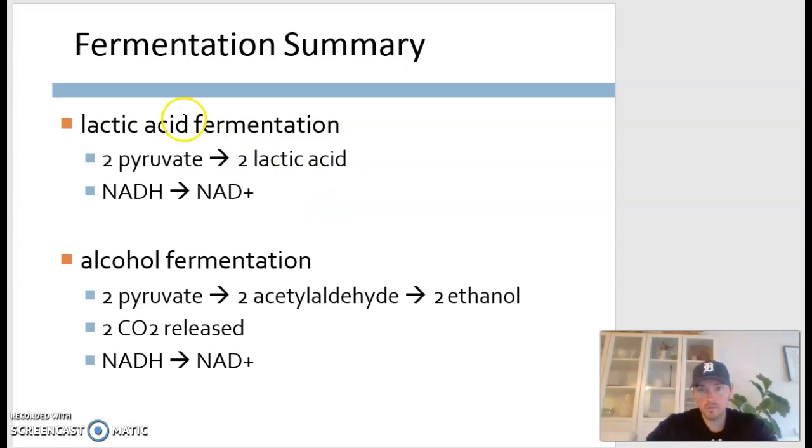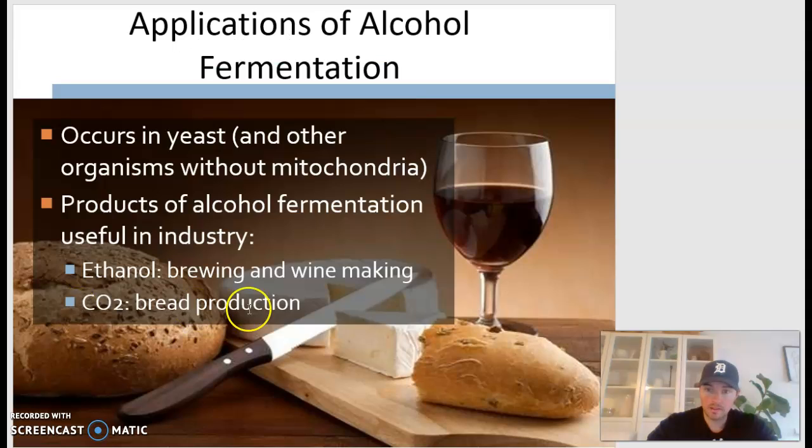So lactic acid fermentation, for a summary, you got 2-pyruvate, makes 2 lactic acid, NADH turns into NAD. In alcohol fermentation, you get 2-pyruvate turn into acetaldehyde by releasing the carbon dioxide, and you're going to get 2 ethanols.